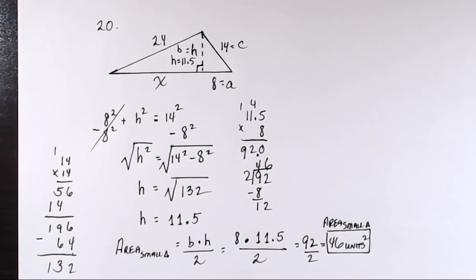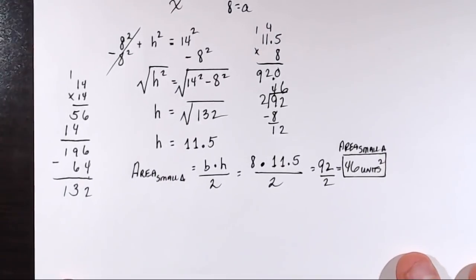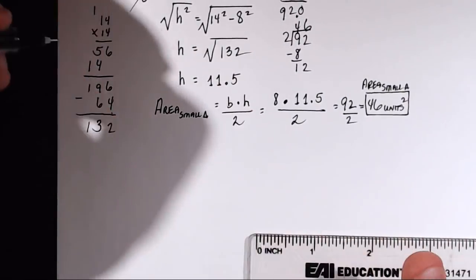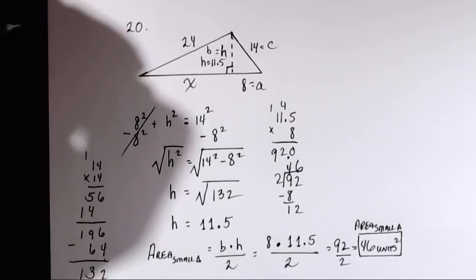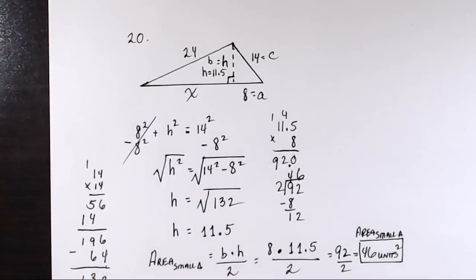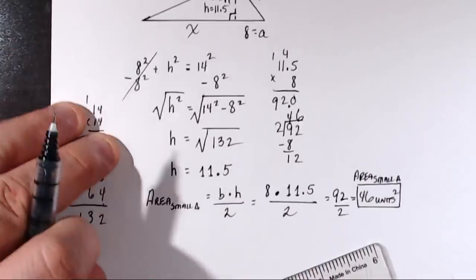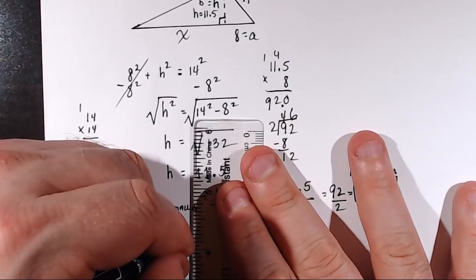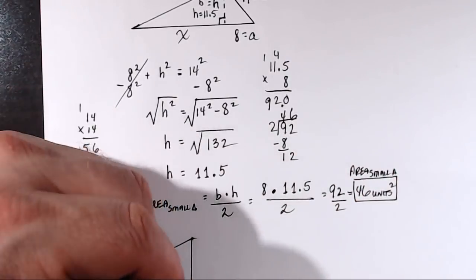Now we will use the fact that we know that h equals 11.5. We'll use that to calculate x. So first we got to find out what x is. Let me redraw this because it's going to be confusing. We're going to find the area of this bigger triangle.